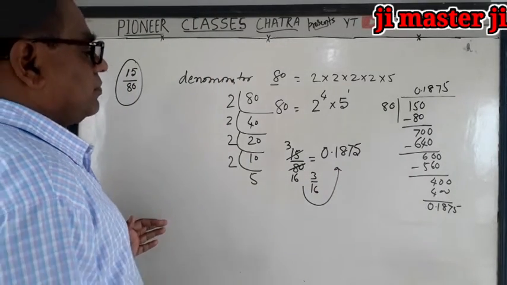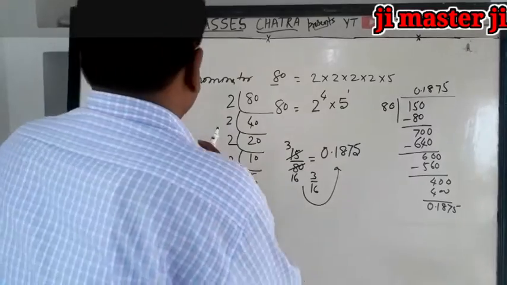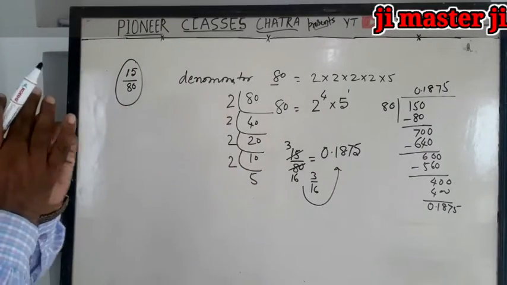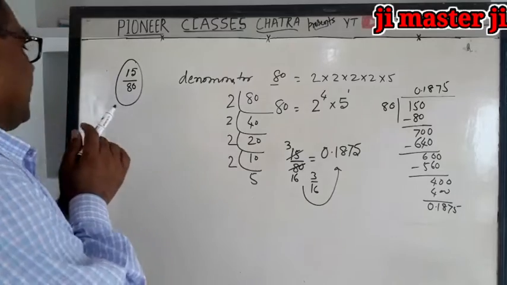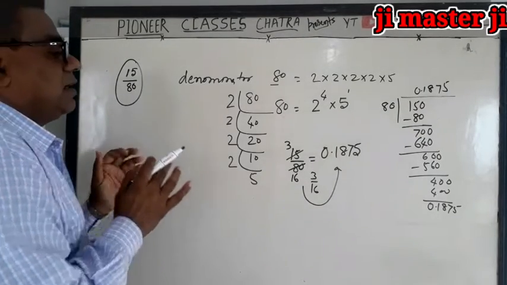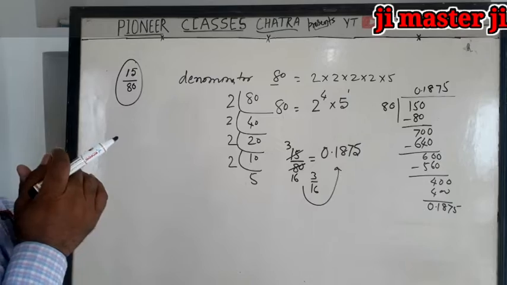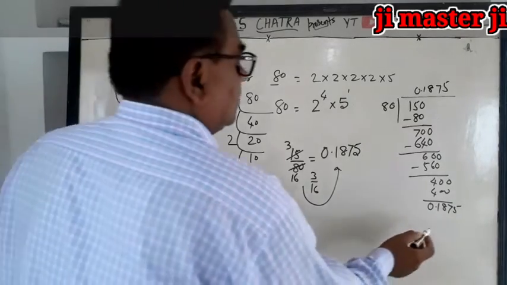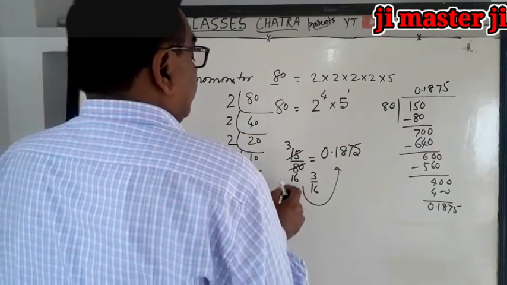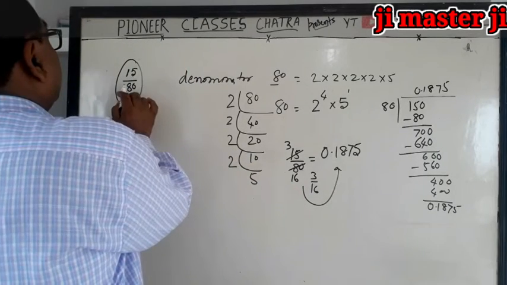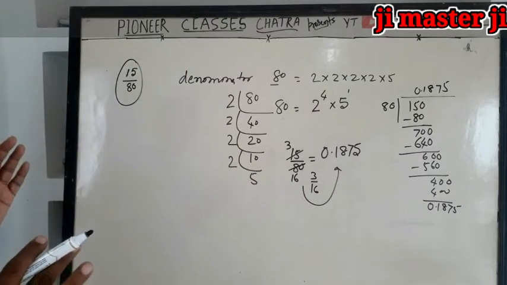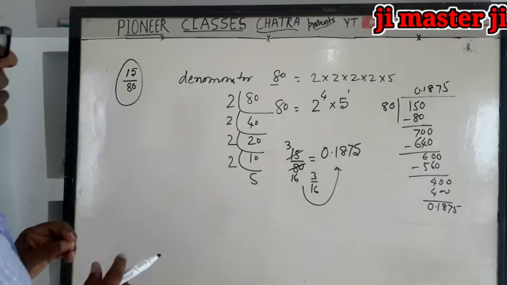So what we say here? We say here the decimal representation of 15 by 80 is a terminating decimal representation. The division terminates here. So finally we can say the representation of 15 by 80 is terminating.